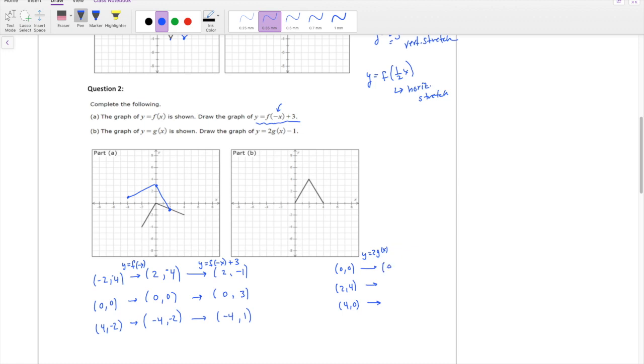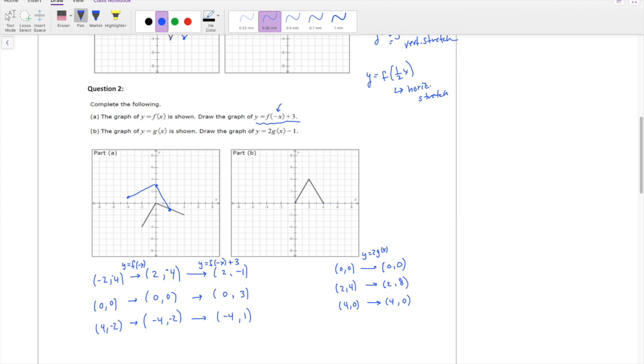So each of the y coordinates will get multiplied by 2. So 0 times 2 is 0, 4 times 2 is 8, and 0 times 2 is 0. So we just get that vertical stretch, and that makes sense. These 2 points would stay the same, but this would stretch vertically up to 8.